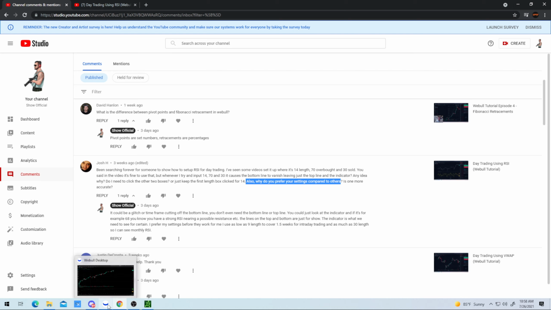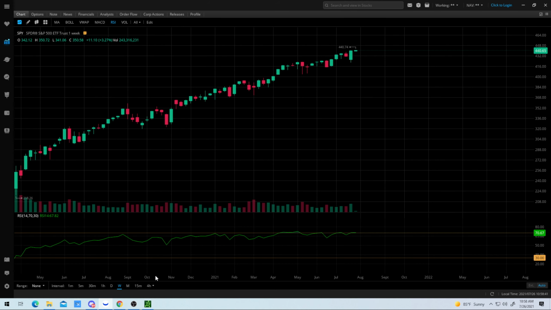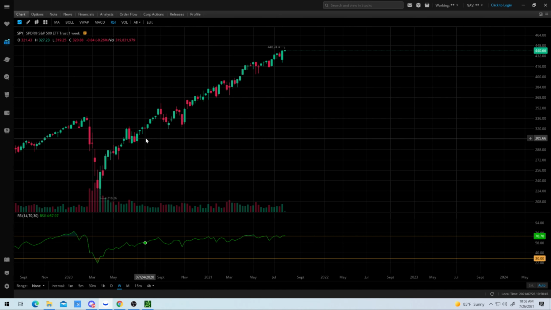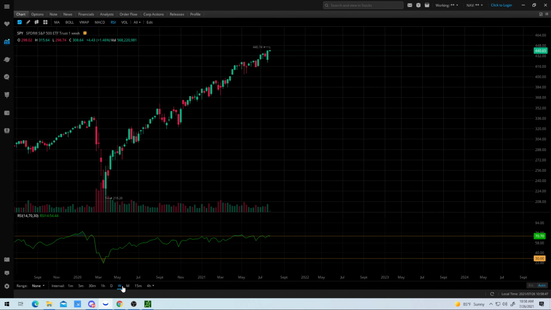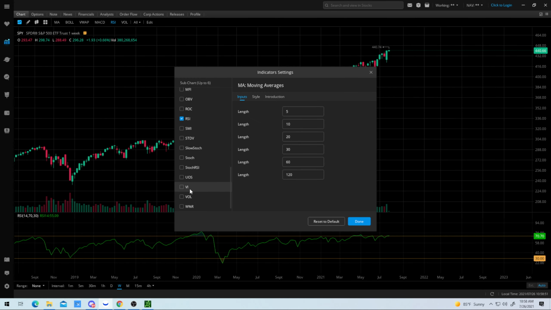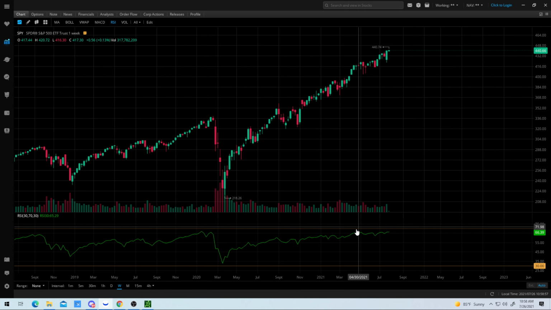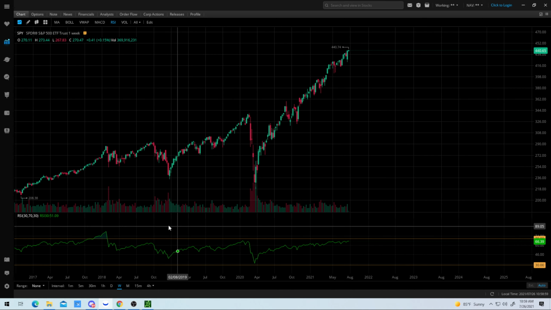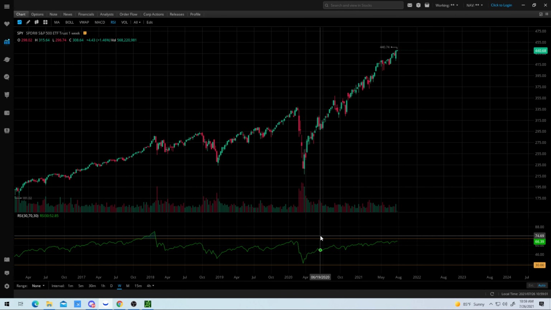It all depends on your strategy and the time frame, right? If I'm looking at SPY, the market as a whole, on weekly candles and I want a long-term monthly RSI, I can do 30 and get more of an idea of whether it's oversold or not on a longer time frame basis, and where we're at, right?